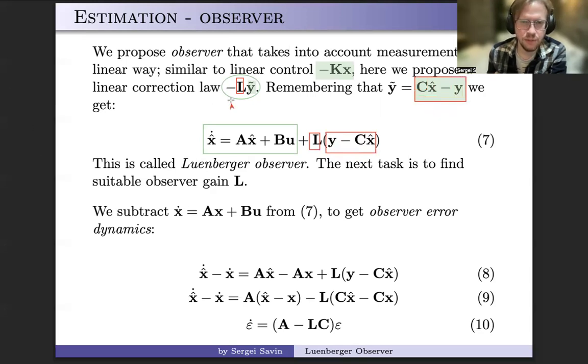Notice that this minus sign leads to those changing, switching around. This minus sign makes y and C switch signs. So that's the idea. Now this idea has a name. It is called Luenberger observer.